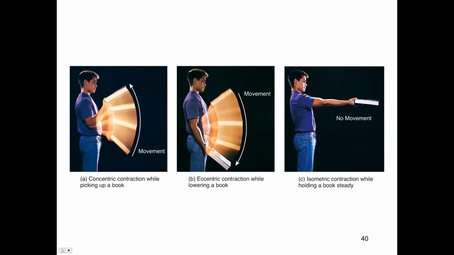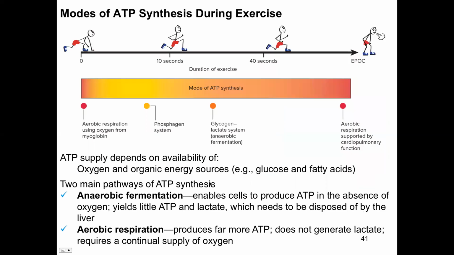And then eccentric is when the muscle is going to lengthen as it maintains tension. So this is the overall muscle, not individual units. So the overall muscle is going to lengthen, all right? So these are isotonic.